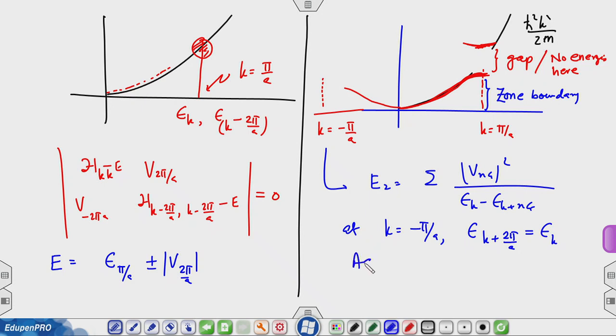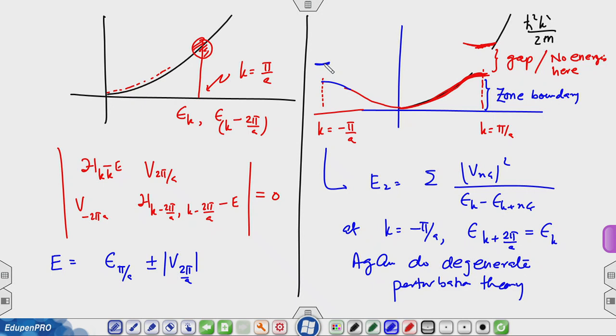So again, do degenerate perturbation theory. And then you do that and you get exactly the same thing. There will be a split.